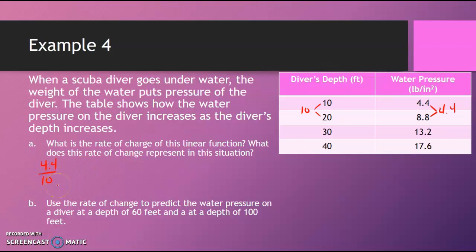And so what does this rate of change represent? Well, this rate of change represents that for every 10 feet we dive, we increase by 4.4 pounds per square inch in pressure.